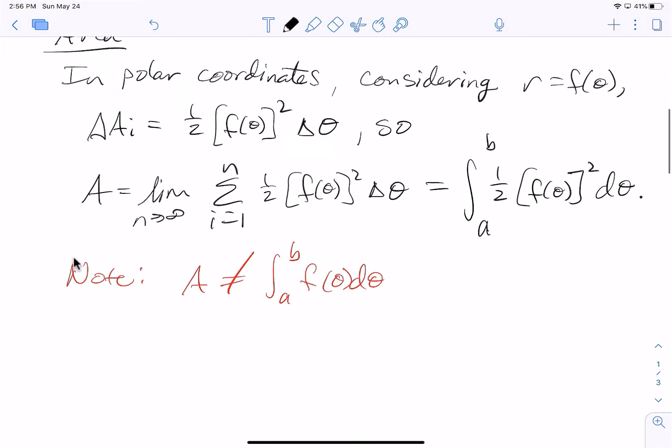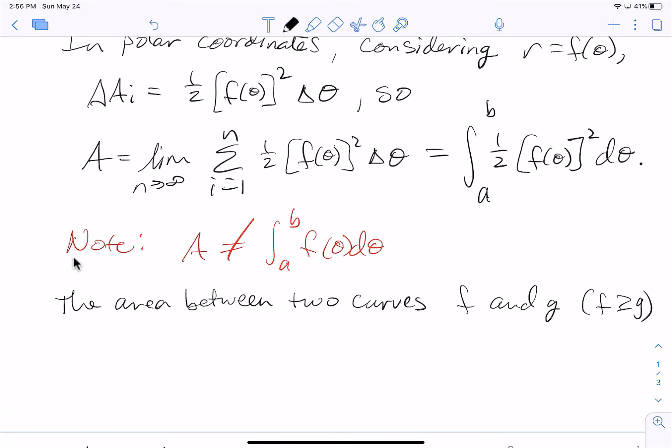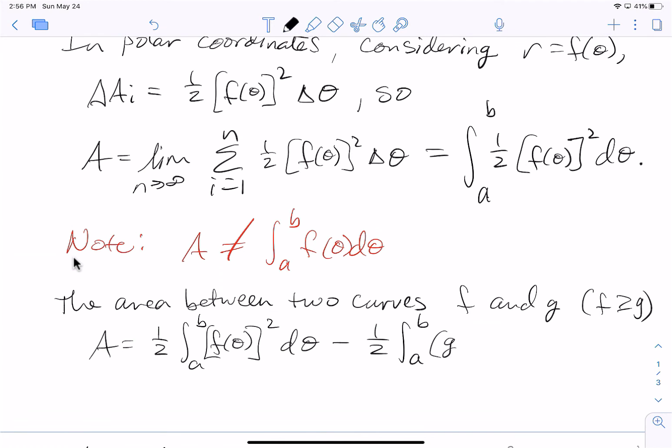For an area between two curves, say f and g, let's say f is the bigger of the two curves, the area is going to be the area given by f, so 1/2 times the integral from a to b of f of theta squared d theta, minus the area given by g, and so 1/2 of the integral from a to b of g of theta squared d theta.